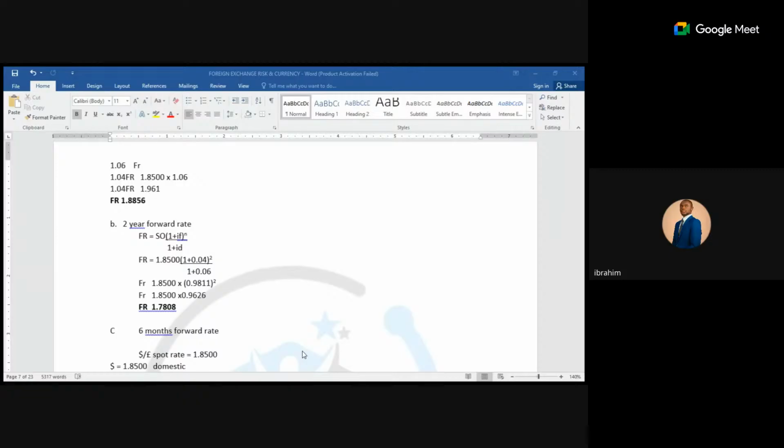Use what works for you when you want to determine the forward rate for 2 years, 3 years, 4 years. When we get to international investment, I'll bring in some ingredient as well that will add to it. Okay, I'm with you. I use both.